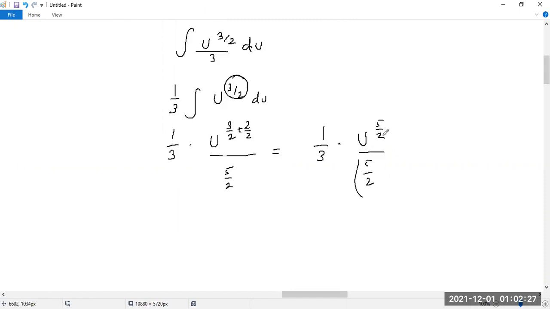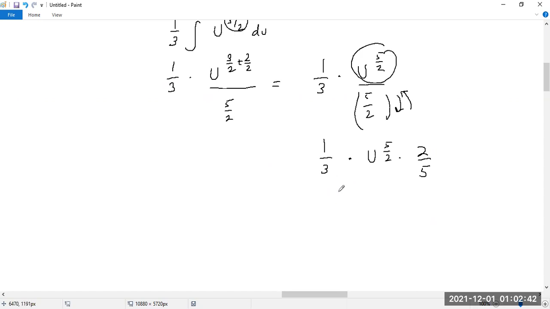And we know that we essentially multiply this by the reciprocal. It's 1 over 3 times u to the 5 over 2 times 2 over 5, right? Because we're just multiplying by the reciprocal. So this just becomes 2u to the 5 over 2 over 15.